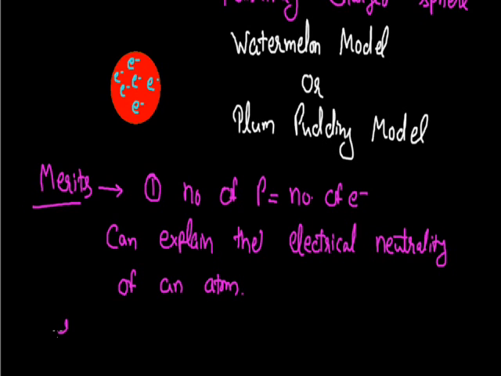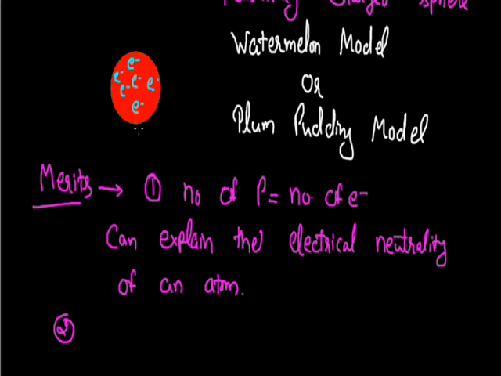The second major merit of this Thomson atomic model is, when we study the cathode ray experiment and the phenomena going on there, this model can explain the emission of electrons from the cathode in the cathode ray tube experiment.